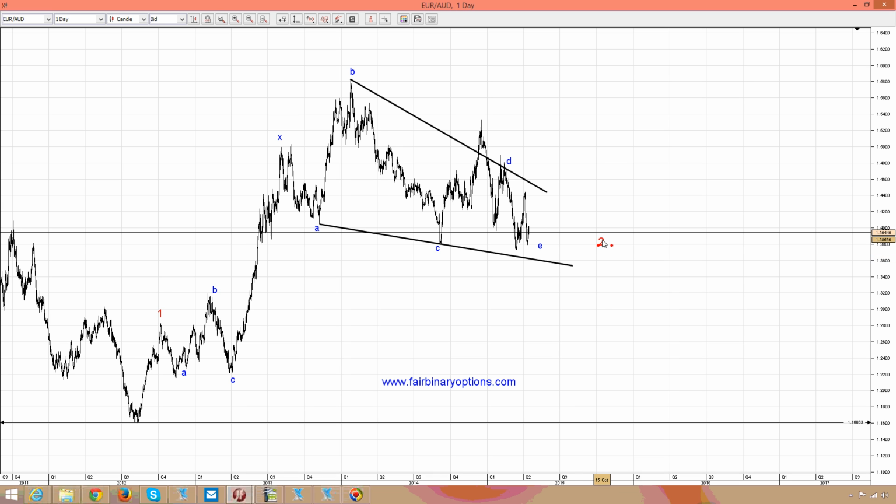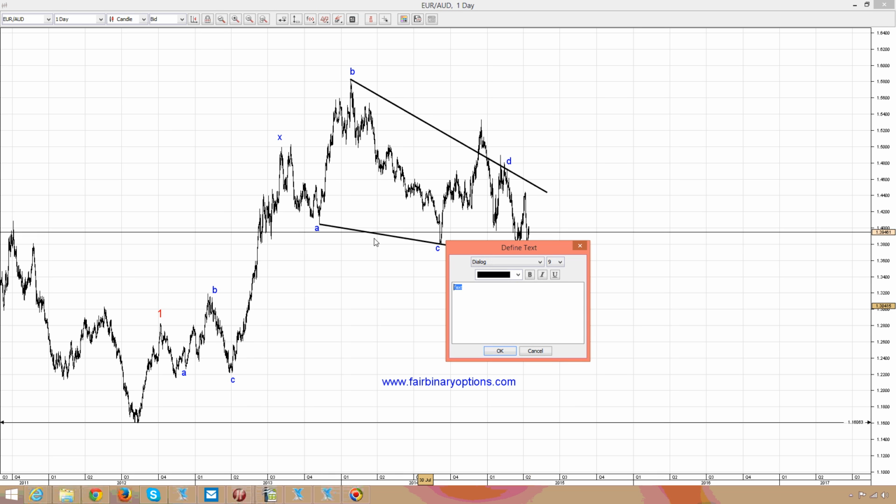So what I would favor here is, of course, call options on the euro and Australian dollar with end of month expiration date. So call options for the euro Australian dollar with end of month expiration date is the recommendation on this pair.